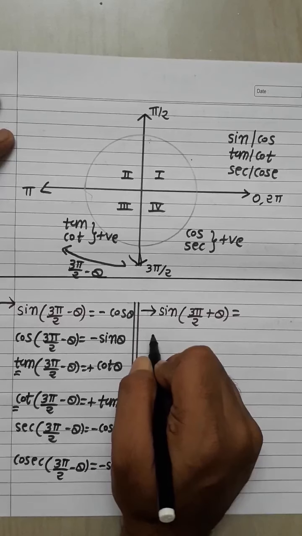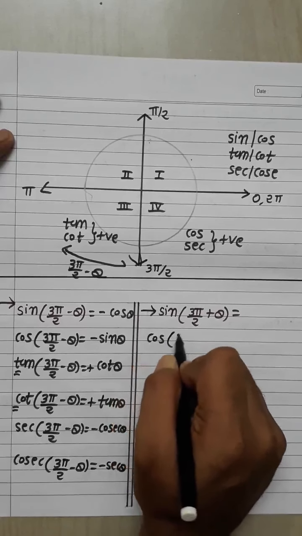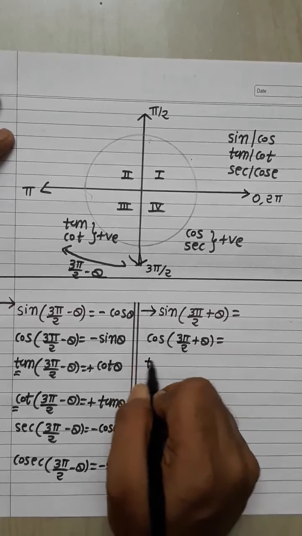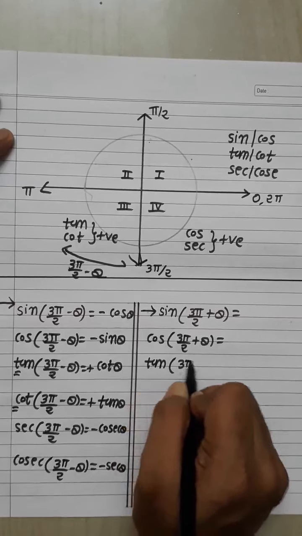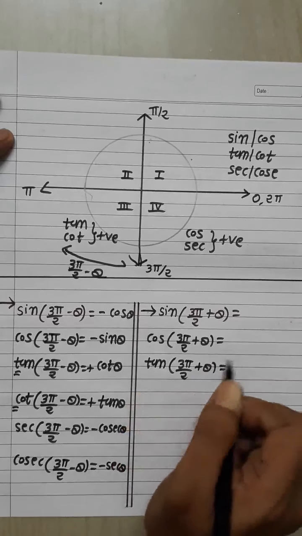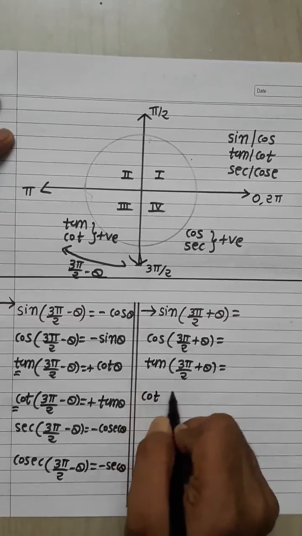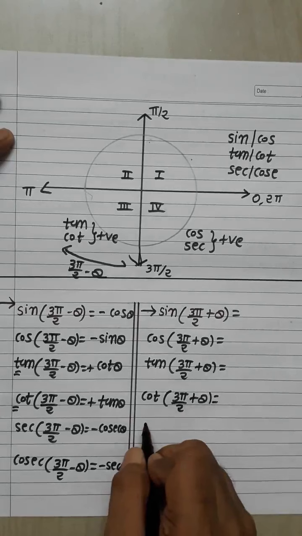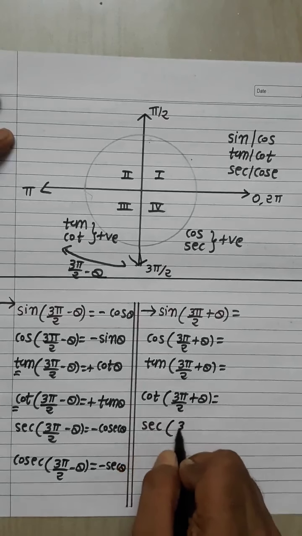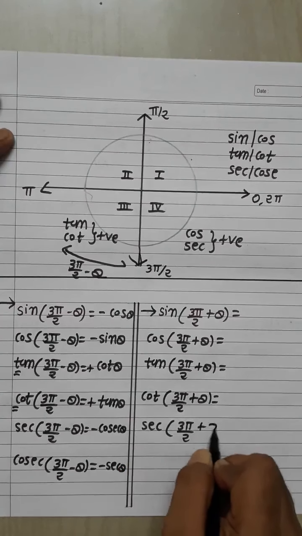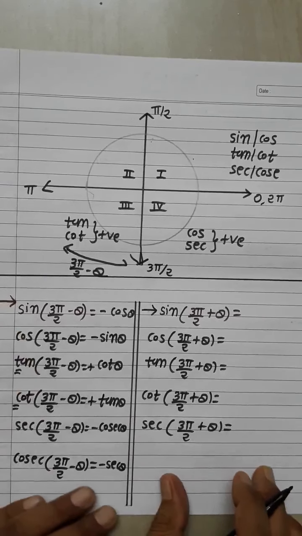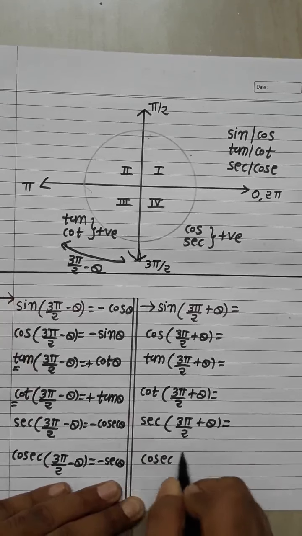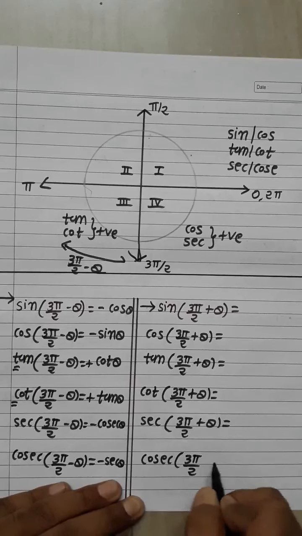Sin(3π/2 + θ), cos into bracket 3π/2 plus θ, tan into bracket 3π/2 plus θ, cot into bracket 3π/2 plus θ, sec into bracket 3π/2 plus θ, and cosec into bracket 3π/2 plus θ.